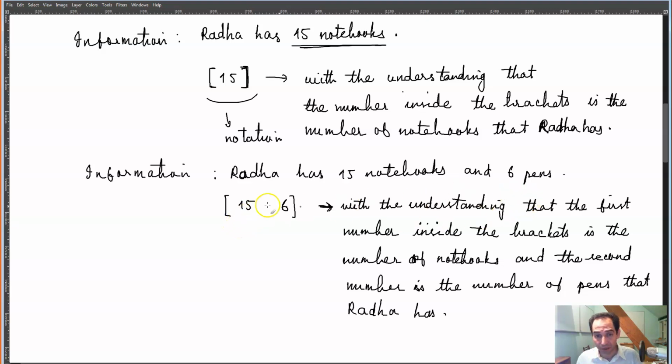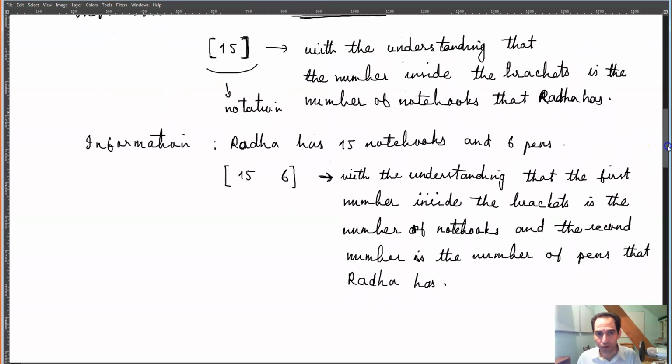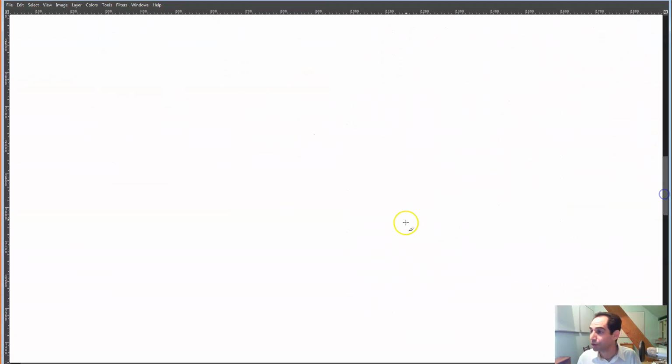Now let's make this a little bit more complicated. So now let us suppose that we wish to express the information of possession of notebooks and pens by Radha and her two friends, Fazia and Simran. So now, instead of one person, we have three people.